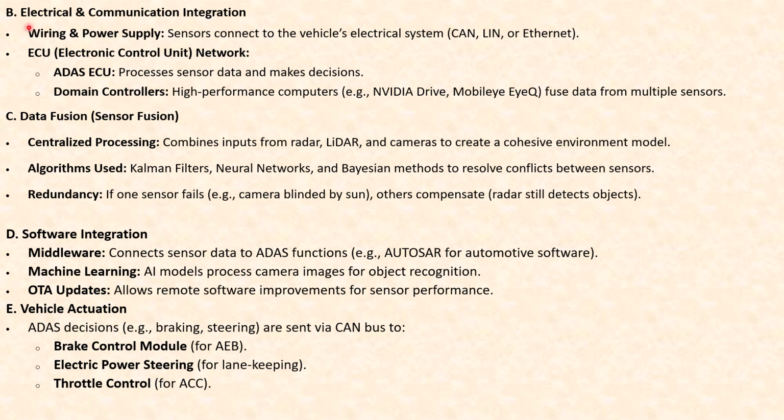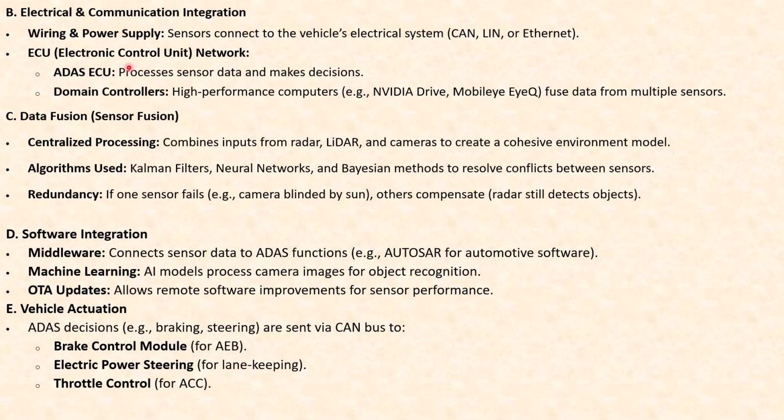Now let's see how all the sensors are integrated with the electrical and communication systems. Placement of the sensors is one thing, but they must be properly integrated with the electrical and communication systems. Now, wiring and power supply. Sensors connect to the vehicle's electric system, and with the help of communication protocols, routing is also clearly done.